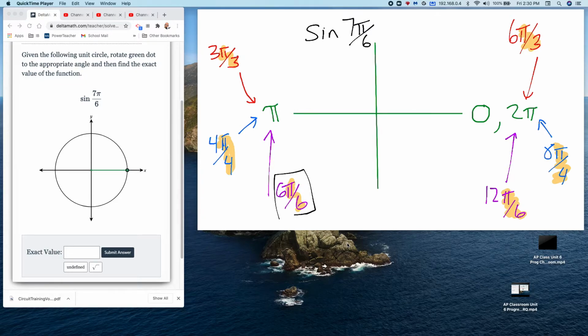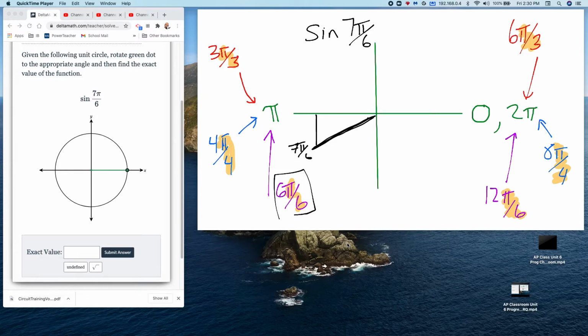That's 6 pi over 6. So 7 pi over 6 is just a little bit further, something like this, right here. That value right there would be 7 pi over 6. It's just one more pi over 6 further than that horizontal.